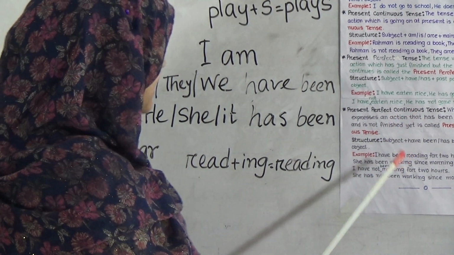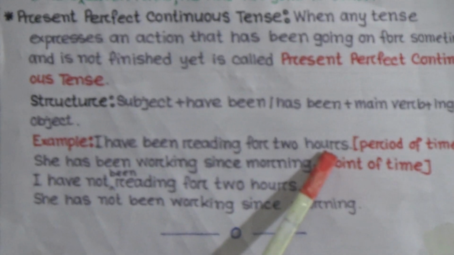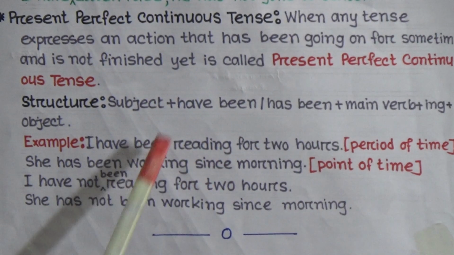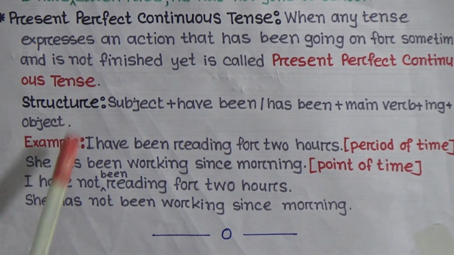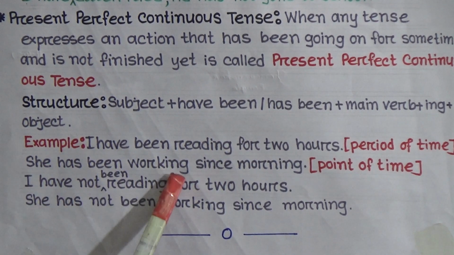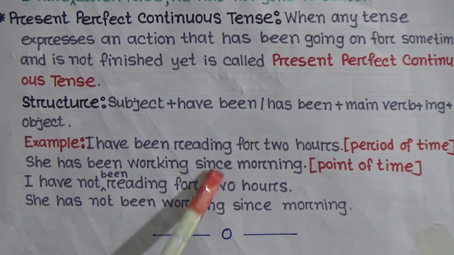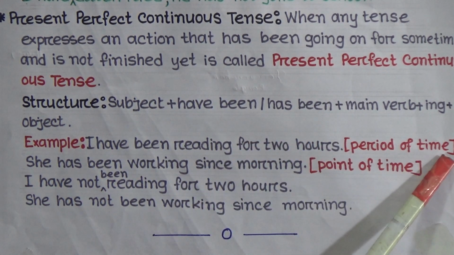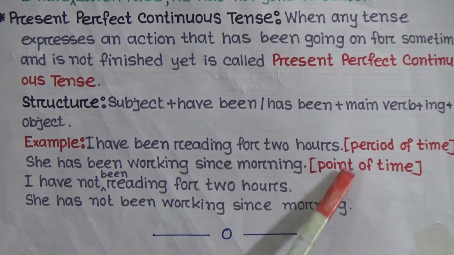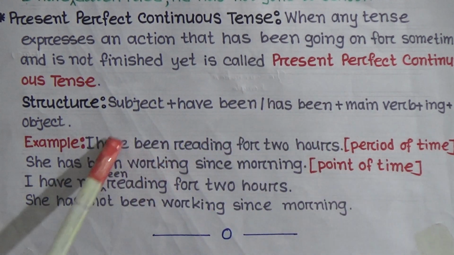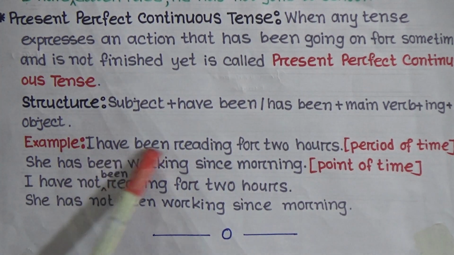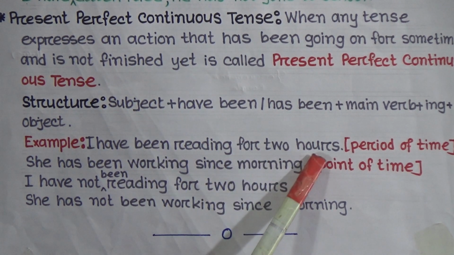So look at this example. I have been reading for 2 hours. Students, here I have given 4, and in the next sentence I have written she has been working since morning. So look here, for and since. For indicates a period of time and since indicates a point of time. In the first example, I have been reading for 2 hours.